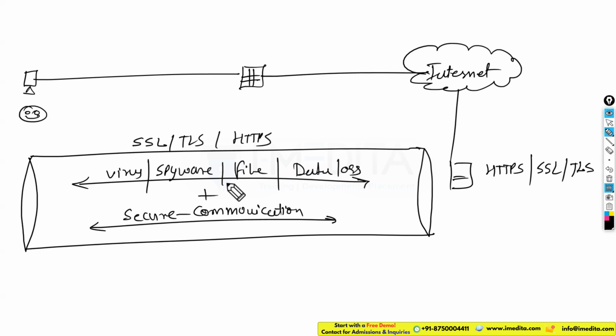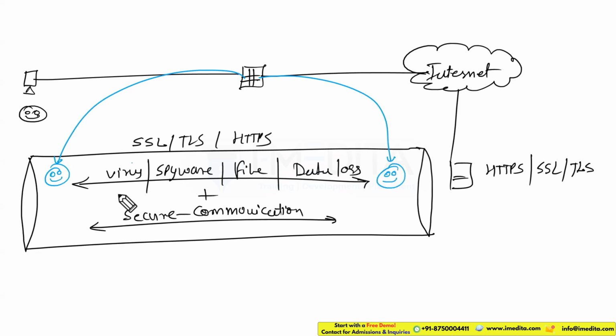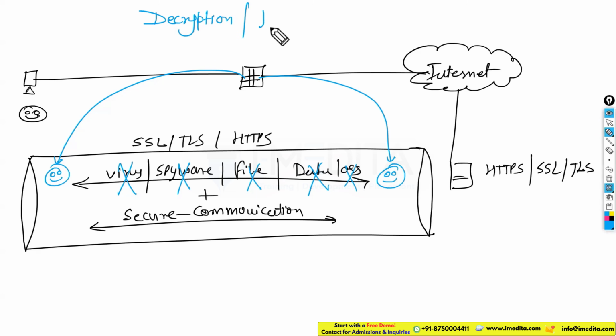Now we want the firewall to be capable of seeing inside the SSL tunnel. If a virus is there, that should be blocked. Spyware should be blocked. Files should be blocked. Data loss should be blocked. This we can do when our firewall supports decryption or HTTPS inspection.